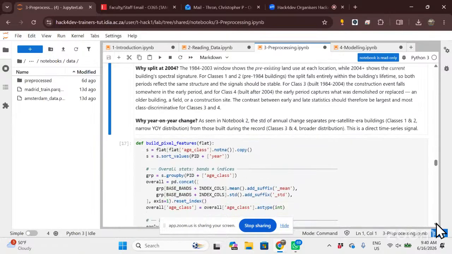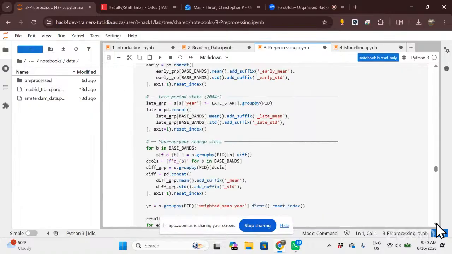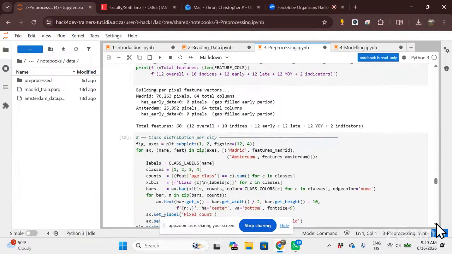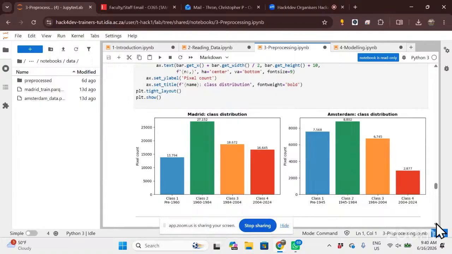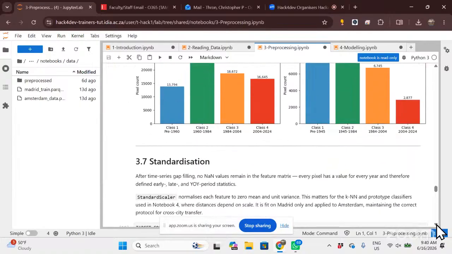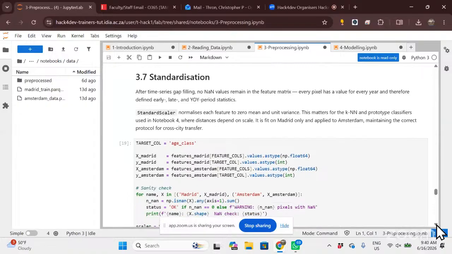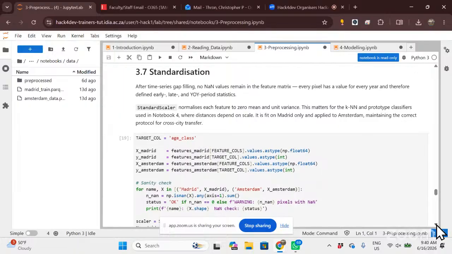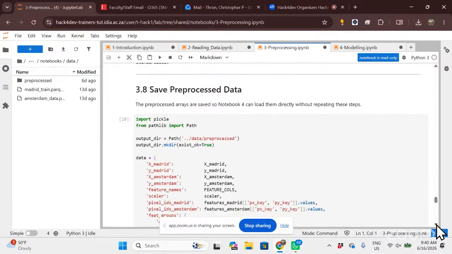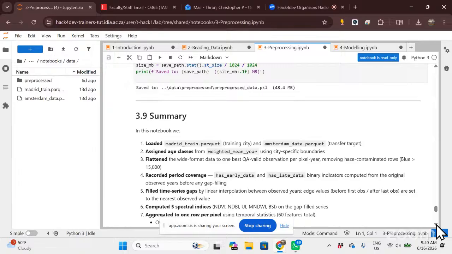We had this already, so that's fine. Then in order to compare across years, we use standardization. We put all the pixel values on the same scale. And then here we save the data. So once you've done this, your data can be accessed. You don't need to reprocess. So you should be able to run this notebook once.